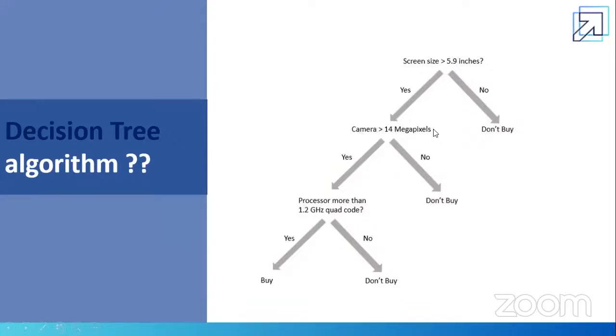If it satisfies this condition, I will check the next feature. Otherwise, I will not buy it. If the processor meets the given condition, then I will buy it. Otherwise, I will not buy it. So this is what happens in a decision tree.